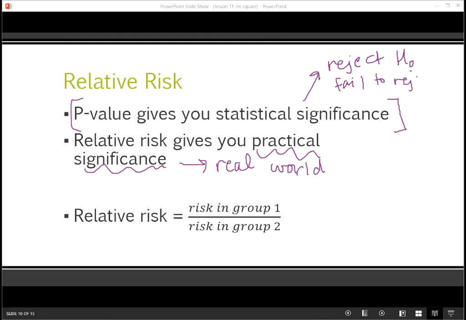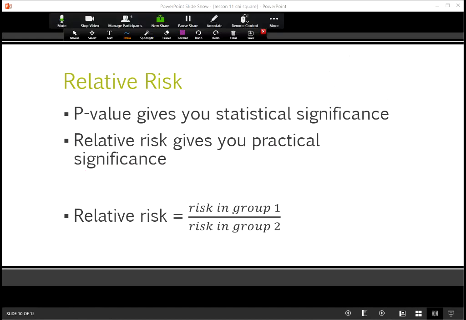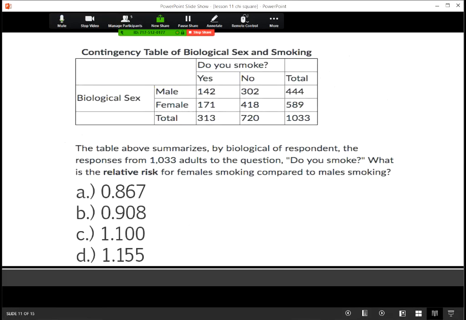But then if we do relative risk, we have practical significance that's more applicable to the real world. So this is just the equation you would use to find that. And then remember, risk in general is basically the same as probability, the probability of it happening divided by the entire chance there.